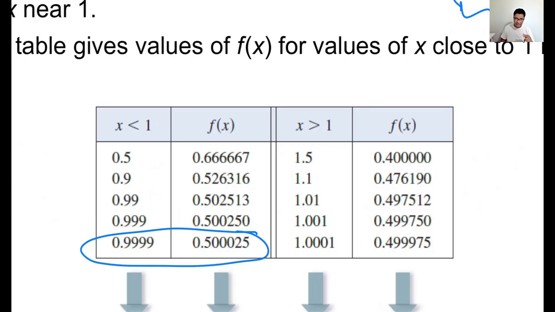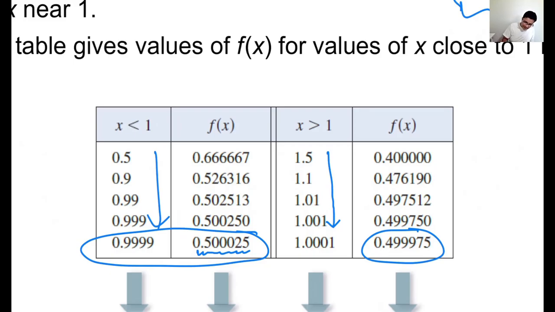As you get closer and closer to 1, the value of the function is getting closer to 0.5, right? You can see in the table. Similarly, if it is greater than 1 and you get closer to 1, the value of the function is again getting closer to 0.5, 0.49999, will become 0.5 eventually.